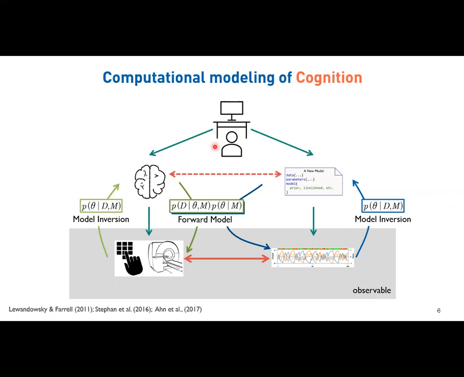So here, imagine there's a participant sitting in front of a computer, and the participant is generating some readouts that we can measure. We can measure either behavior, button press, or maybe something else like the BOLD brain signals, the EEG or eye tracking. We can measure different things.